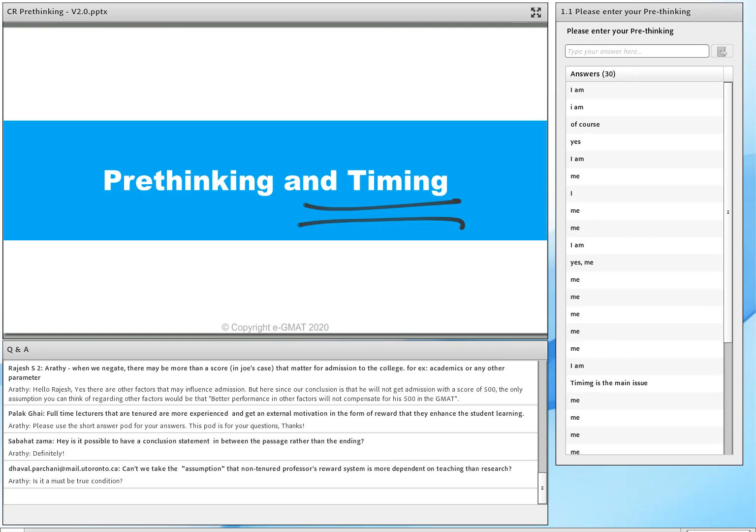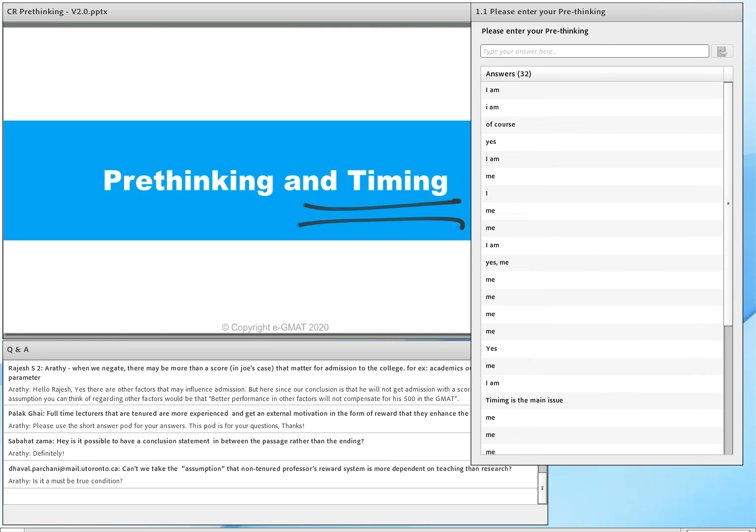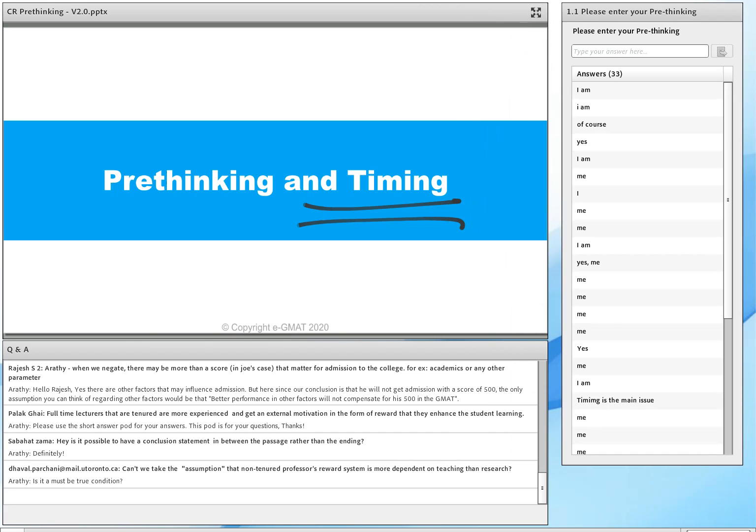that people have is what I see as this part over here, which says timing is the main issue. In this case, Akshay says that, and I don't blame you guys for thinking timing is the main issue, because a lot of people really propagate that timing is the main issue, because how they sell their courses is by really saying, we're going to give you tricks that will help you answer questions quickly.